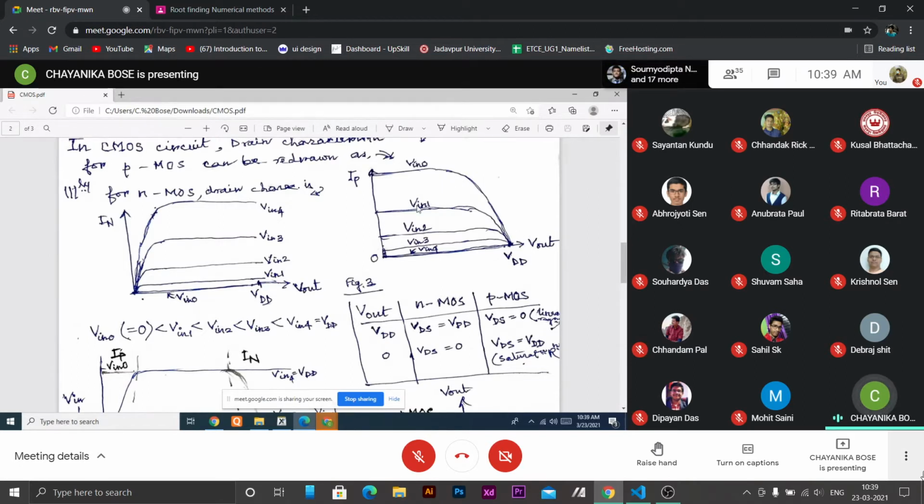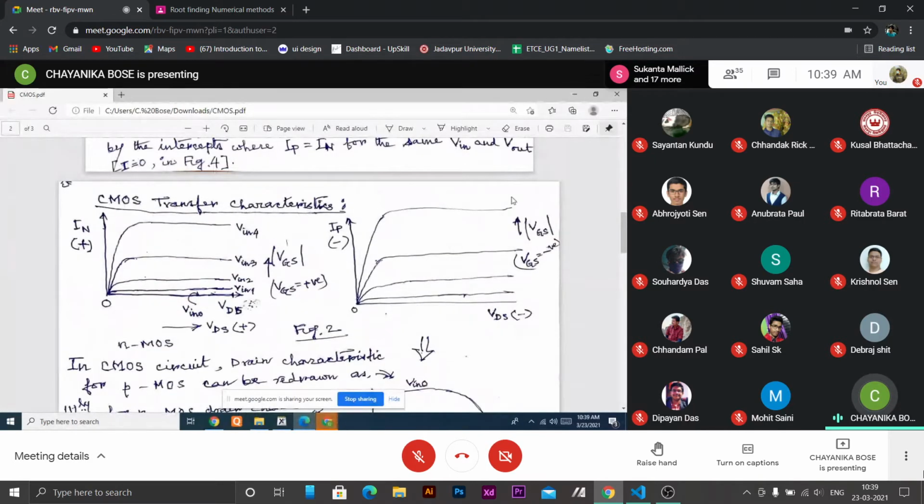And as the input voltage increases, the VGS becomes more negative, and the output current, see, this VGS is negative and its value increases in this direction. That means it is for the lowest value of VGS with respect to VGS 0 here. So we will assume VGS is 0 here and that is our VDD for PMOS.